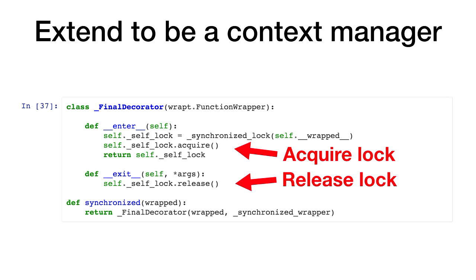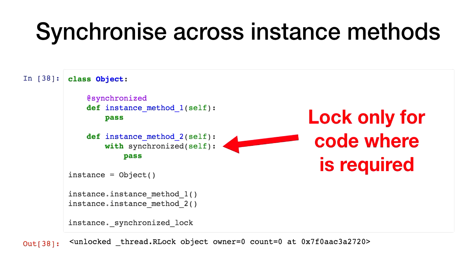They are the two special functions which are used when you do a context manager. At the start of the block, it calls enter. At the exit of the block, it calls exit. So what we do there is that in the enter, we'll get our lock, acquire it, and then in the exit, we'll release it. So that allows us to do that.